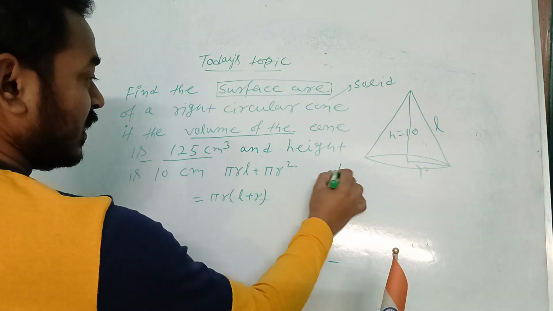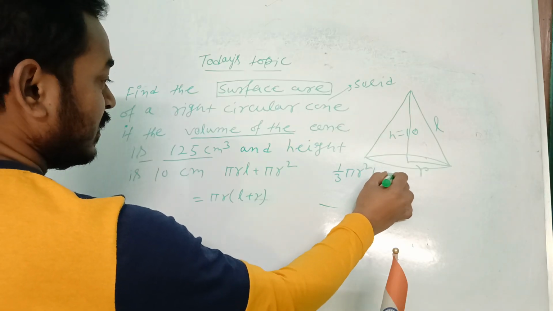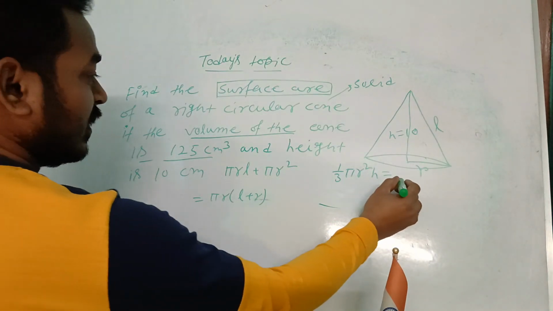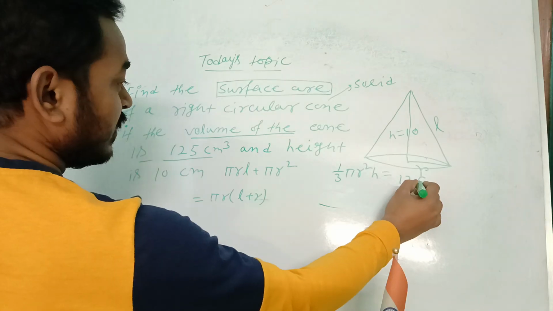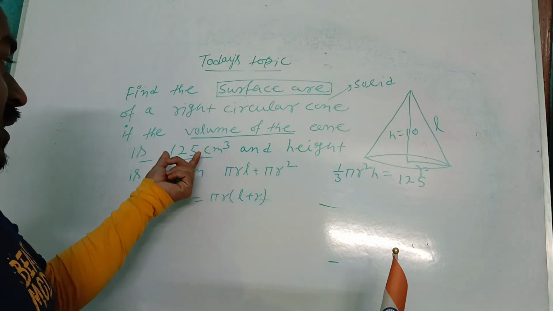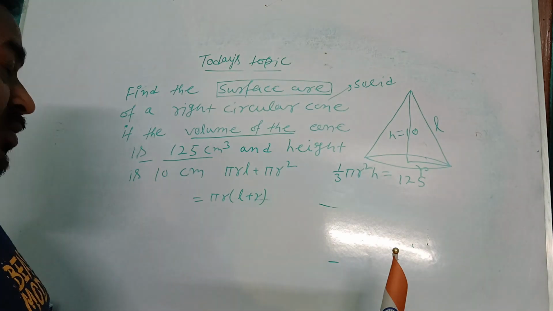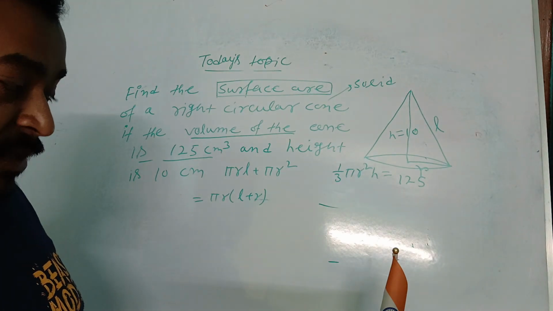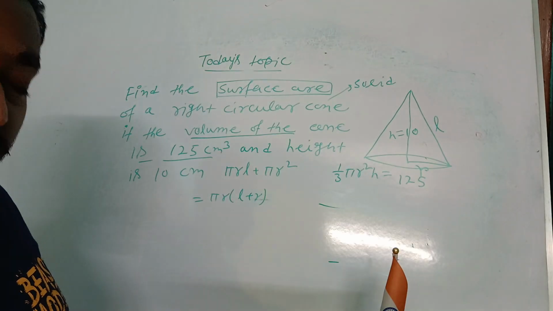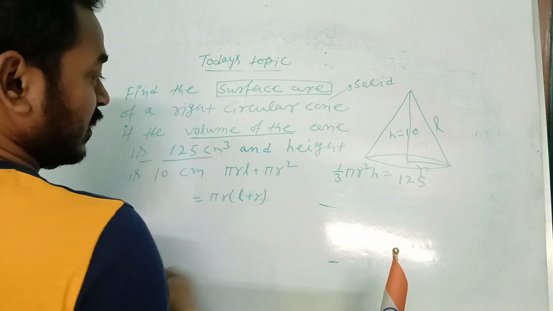So we can write 1/3 pi r square h is equal to 125. We are making one equation. Whenever some relation is given, we have to use the value to find one unknown quantity.